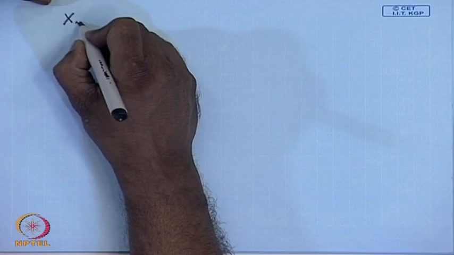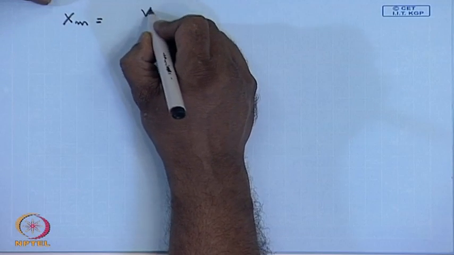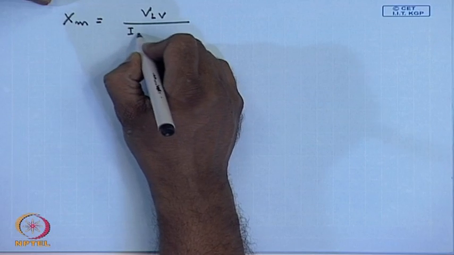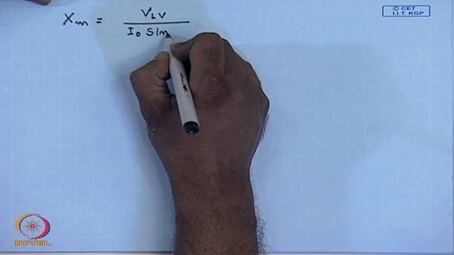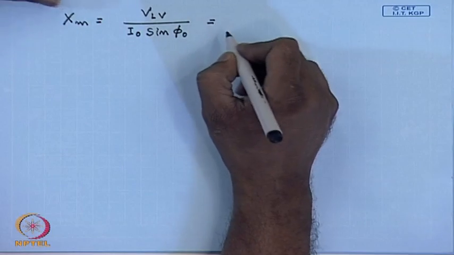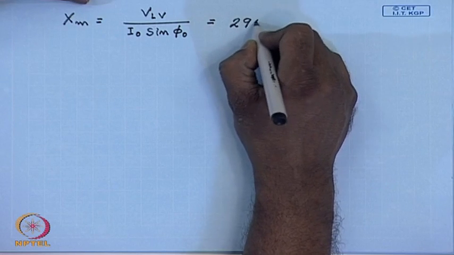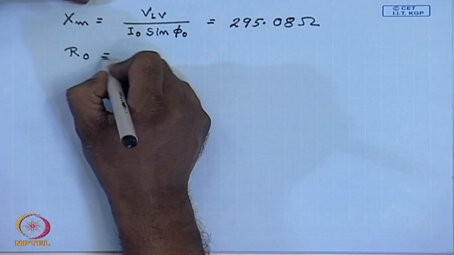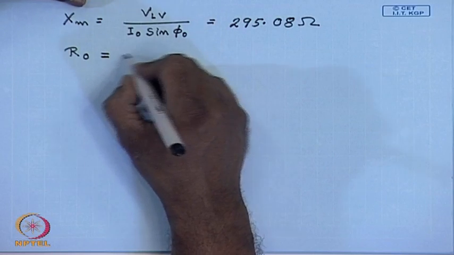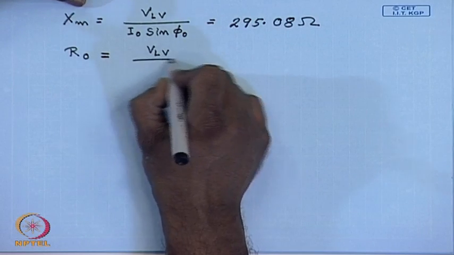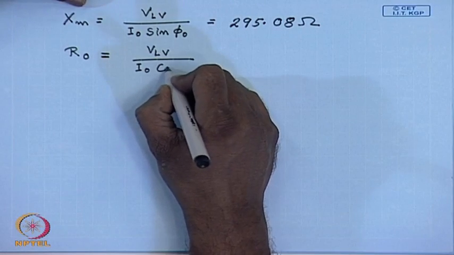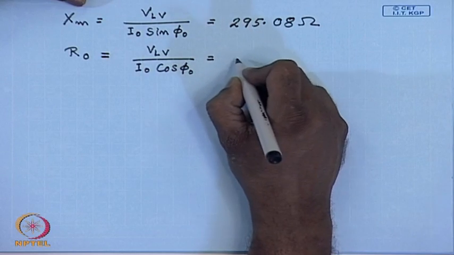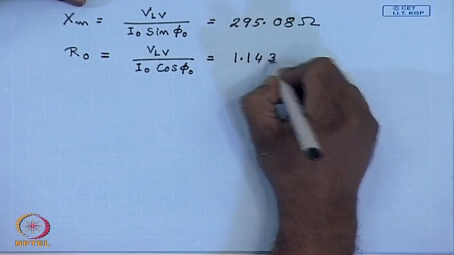From the given data, therefore, XM equal to VLV divided by I0 sin phi 0, this comes as 295.08 ohm, and R0 equal to VLV by I0 cos phi 0, this comes to 1.143 kilo ohm.